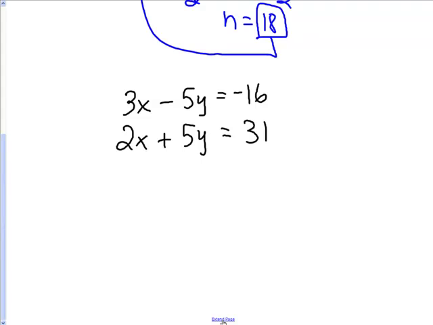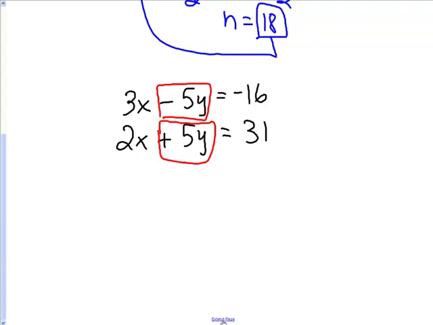Now in this example, what do we see? We see we have negative 5y, and we have positive 5y. So when we're trying to solve by elimination, we're going to see if we have two terms that are the same. Now obviously one is positive and one is negative, but they're essentially the same term.